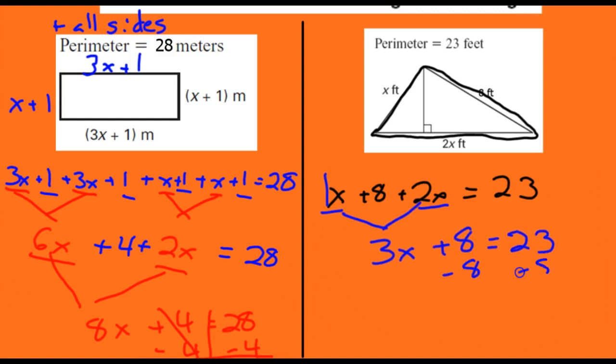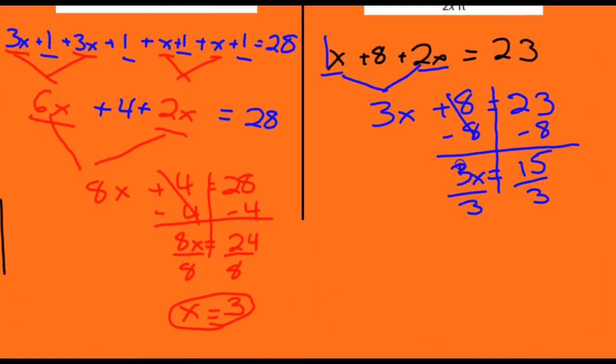Subtract 8. And we get 3x equals 23 minus 8, which is 15. Divide that by 3. And we get x equals 15 divided by 3, which is 5.